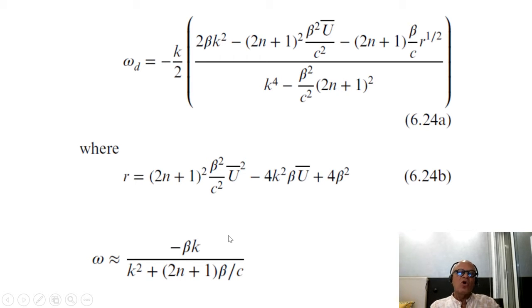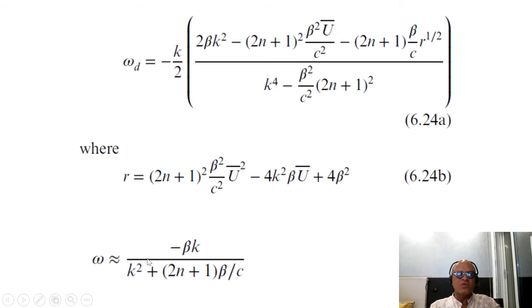This is the long wave approximation. So in this case, you get reflections of low frequency, non-dispersive westward propagating waves. So then you take care of the reflection problem that we talked about.